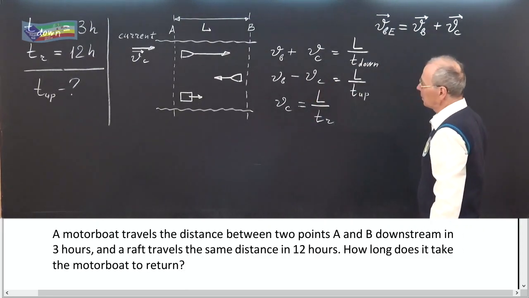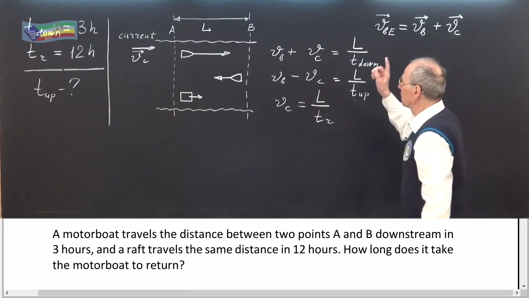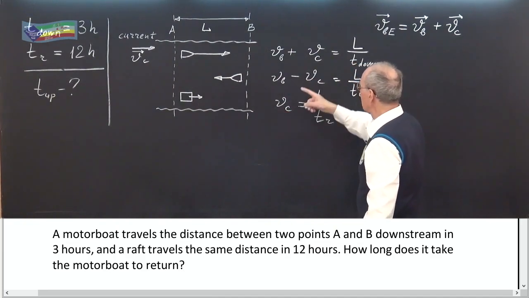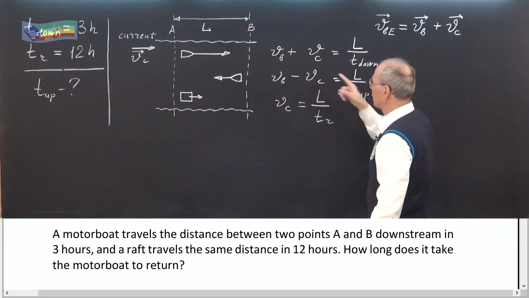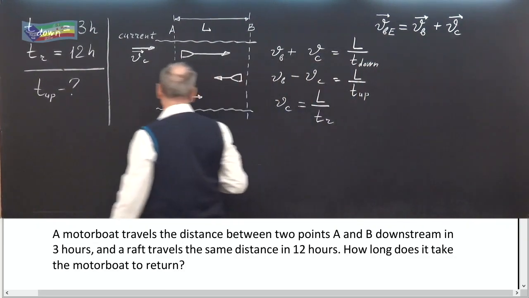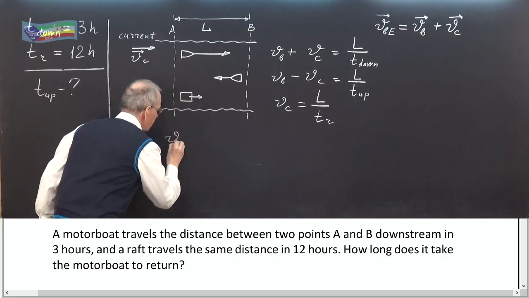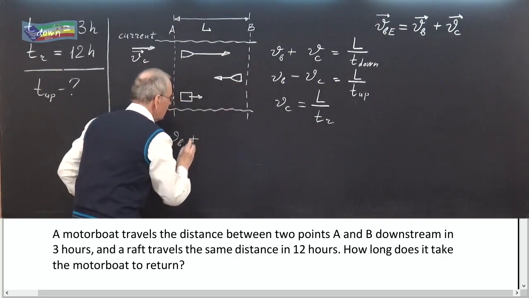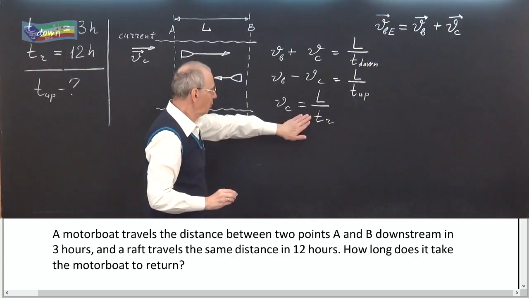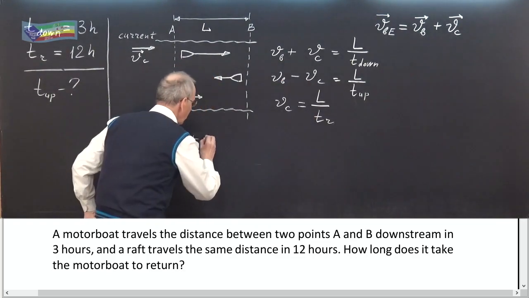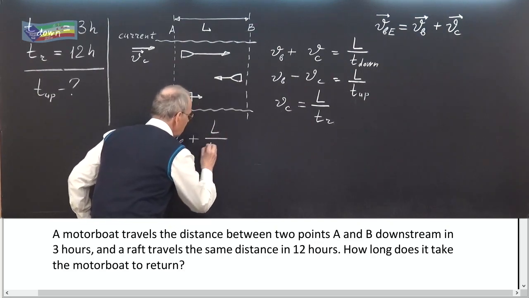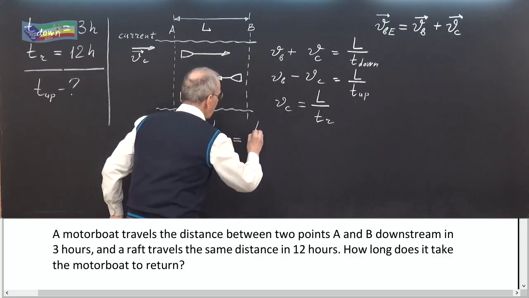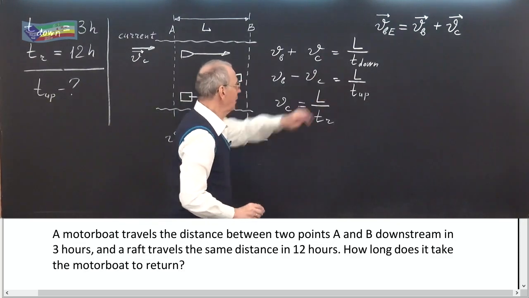Well, now let's substitute the current into these two equations. We have from the first equation V B plus, instead of V C, we write L over T raft gives L over T down.